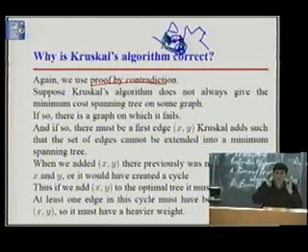I had a tree, it cost a certain amount. I rip out an expensive part and I replace it with a cheaper part. It's still connected. It's of lower weight. Now, how could I give you a lower weight than something that is the minimum spanning tree?